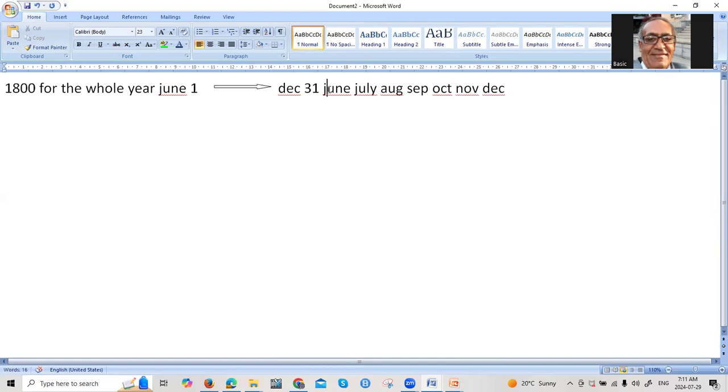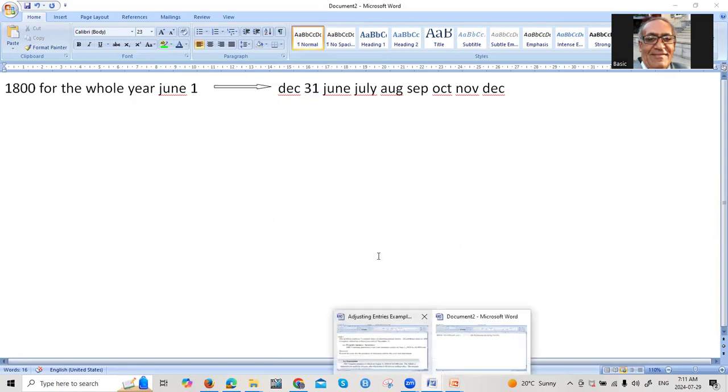So here, 1, 2, 3, 4, 5, 6, 7 months. We have 7 months for this transaction because it starts on June 1 and ends on December 31.